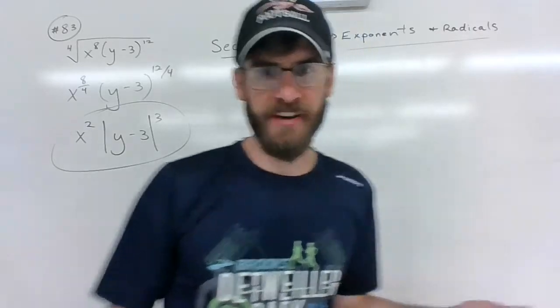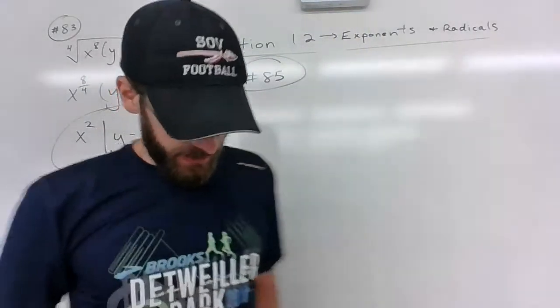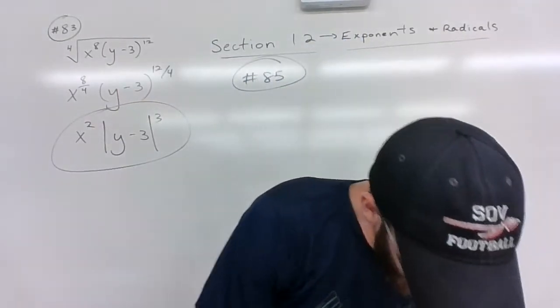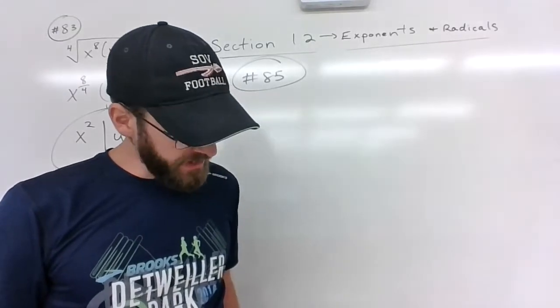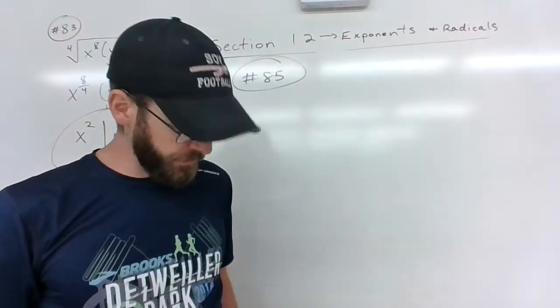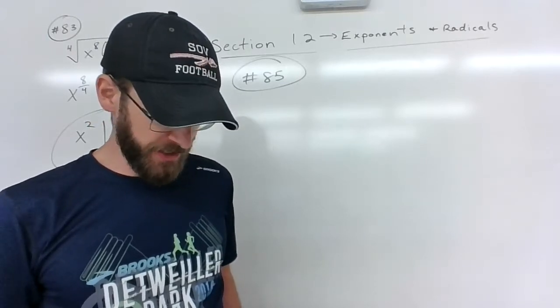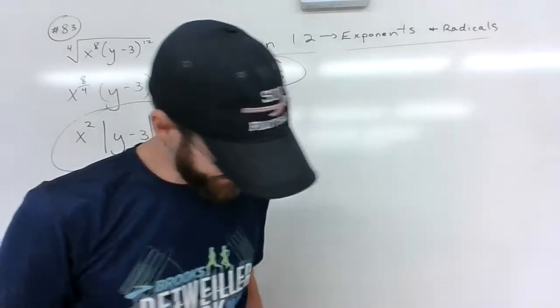Actually, I said I'd do 85, 87, 89. Hopefully I'm not pressing my luck. We've got just 4 minutes to go, 4.5 minutes. They say replace the symbol with either equal to or not equal to to make the resulting statement true whenever the expression has meaning. Okay, let's try it.